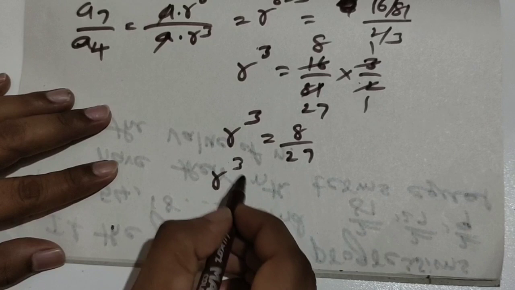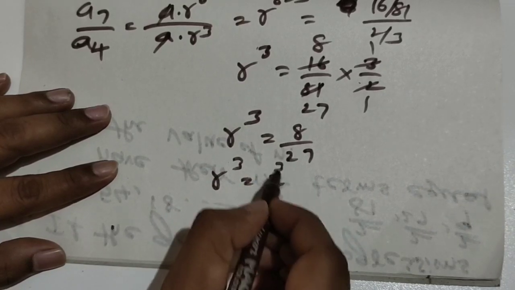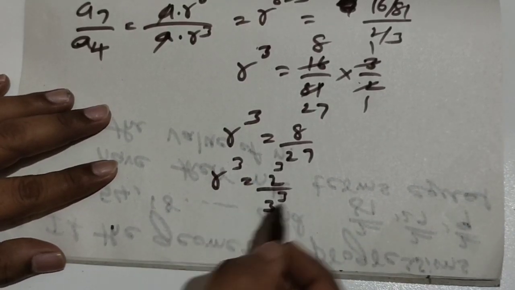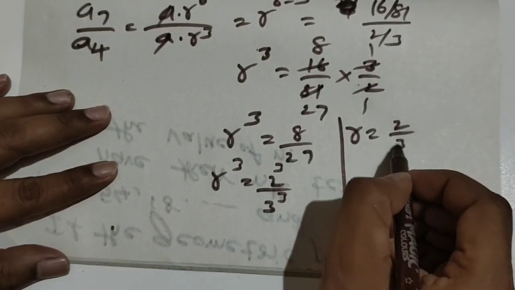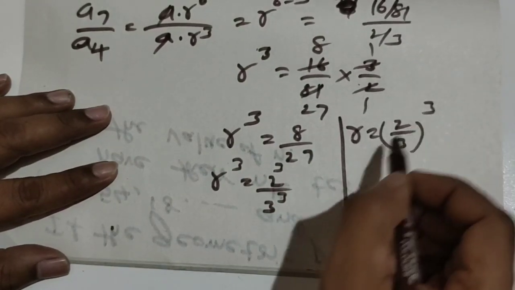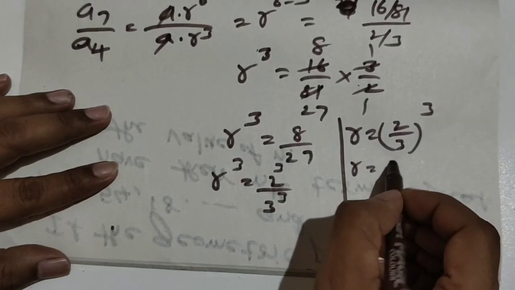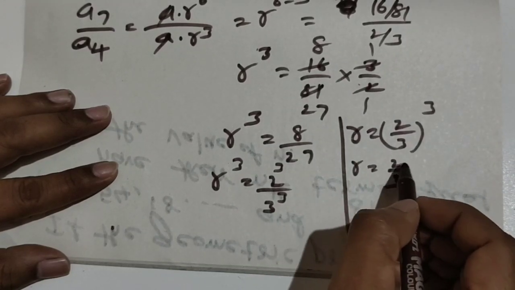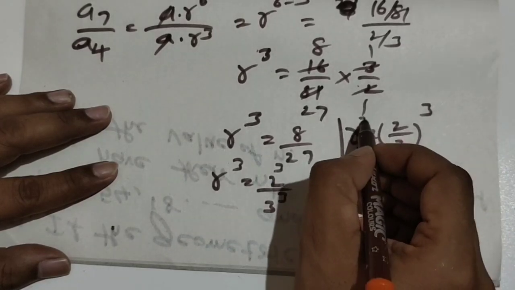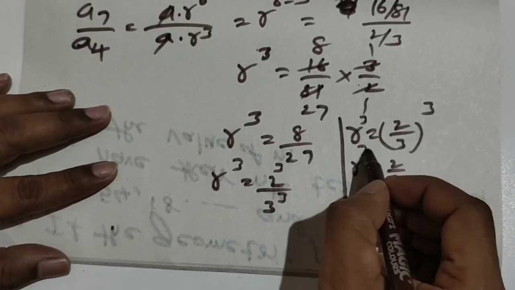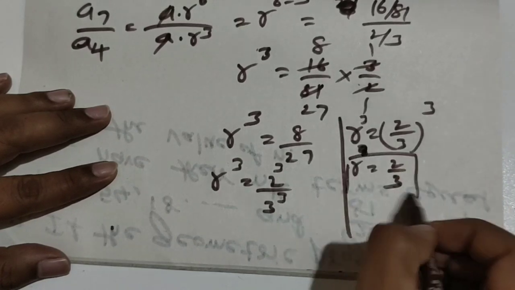Then R power 3 is equal to 2 cube by 3 cube. Now we can write R cube is equal to 2 by 3 whole to the power of 3. Then we can get simply R is equal to 2 by 3.